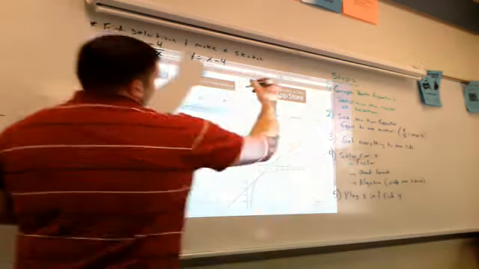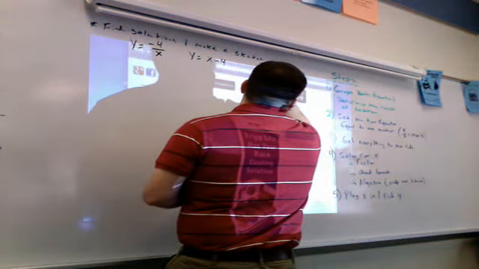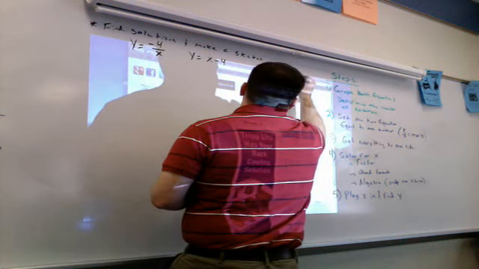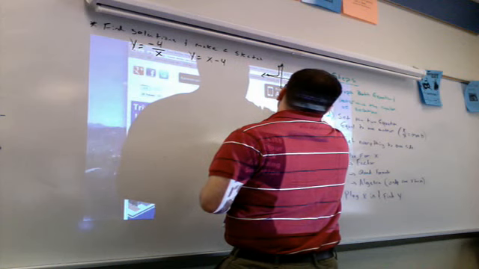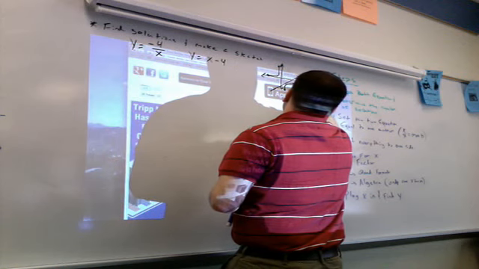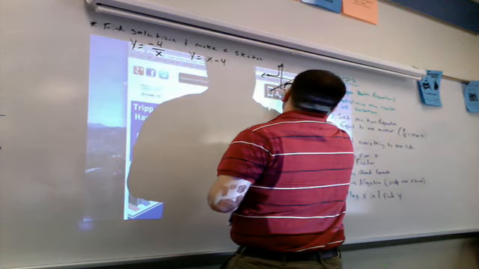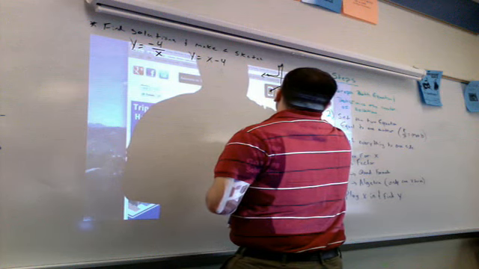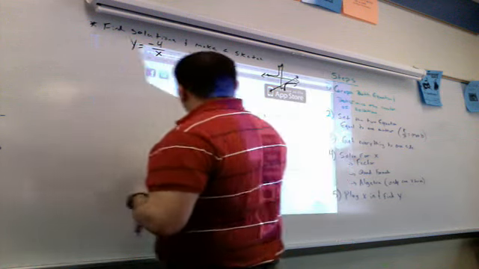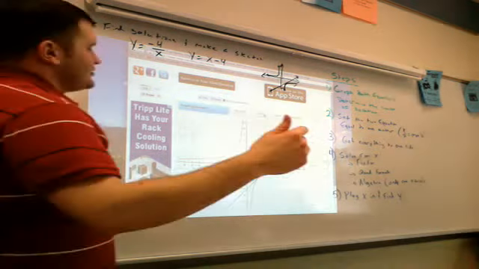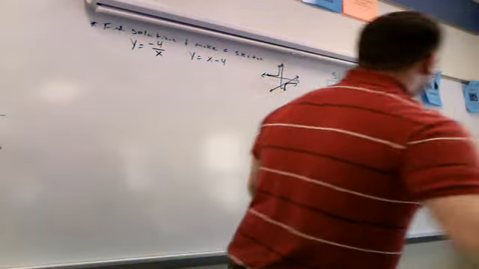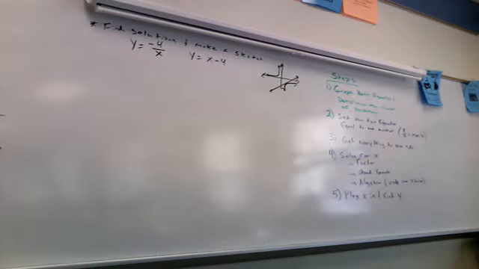Okay, so I'm going to draw this because it tells me I have to make a sketch. That's a good sketch. Thank you. Four years of college practice. All right. So there's my sketch. You can graph it on your calculator. You can see that there's one solution, right? It hits it once, doesn't it?